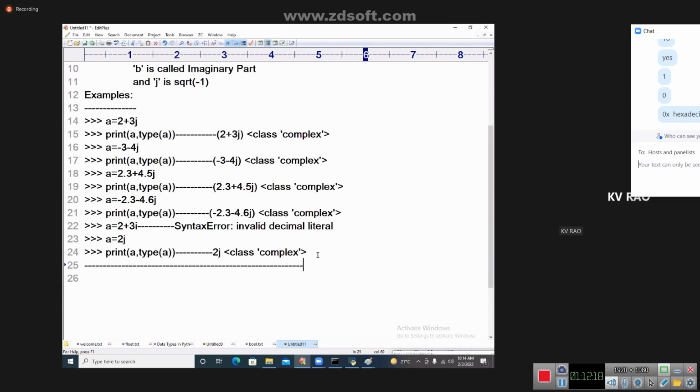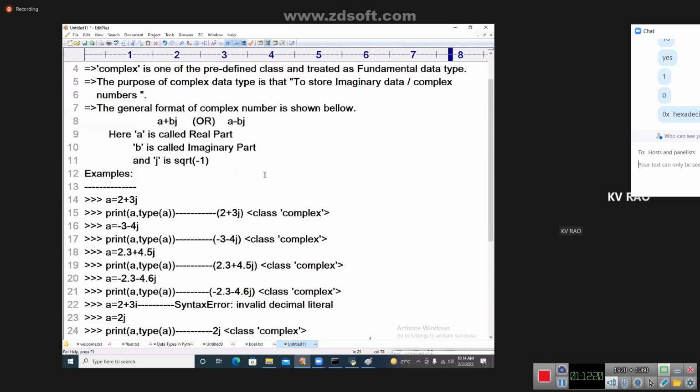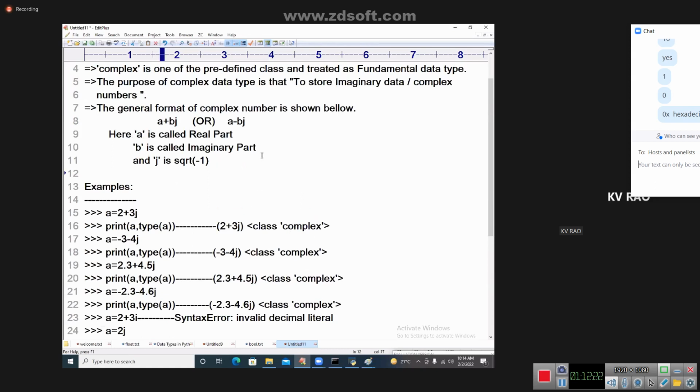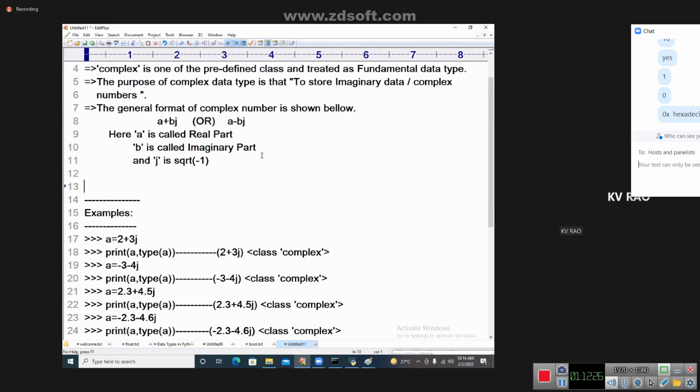Okay, up to here. Next I'm going to say one small thing here. What I'm trying to tell is something like this. What I'm going to introduce here is how to get real and imaginary parts from a complex number, from a complex object.